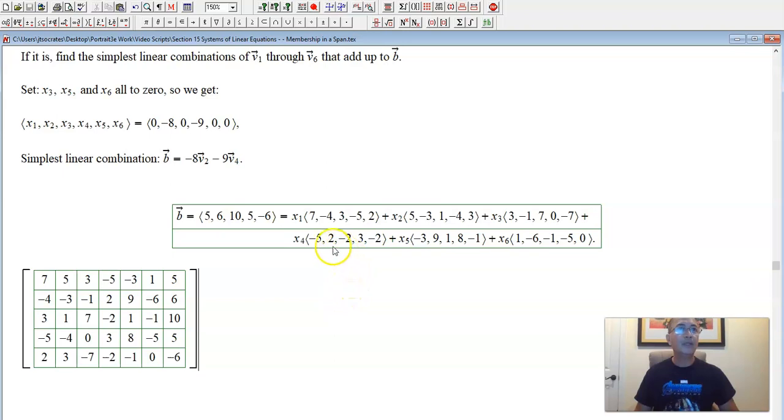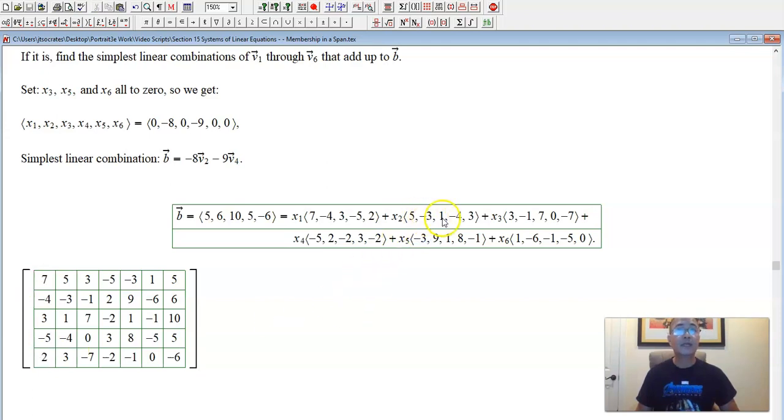So I have copied here the original vector equation that we have, and also the augmented matrix corresponding to this vector equation. This is what I want you to notice. This is our v1, 7, minus 4, 3, minus 5, 2. Notice that v1 appears in column 1.